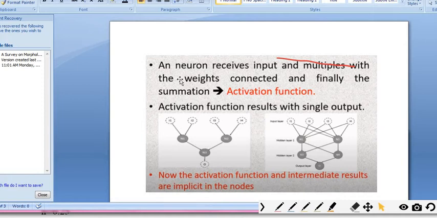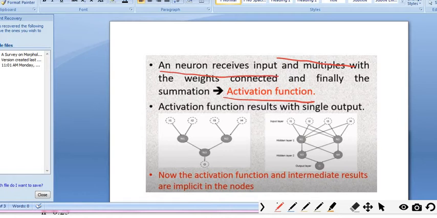A very important thing here is the activation function. A neuron receives the input and multiplies it with the weight connected to it, and finally the summation is called the activation function.